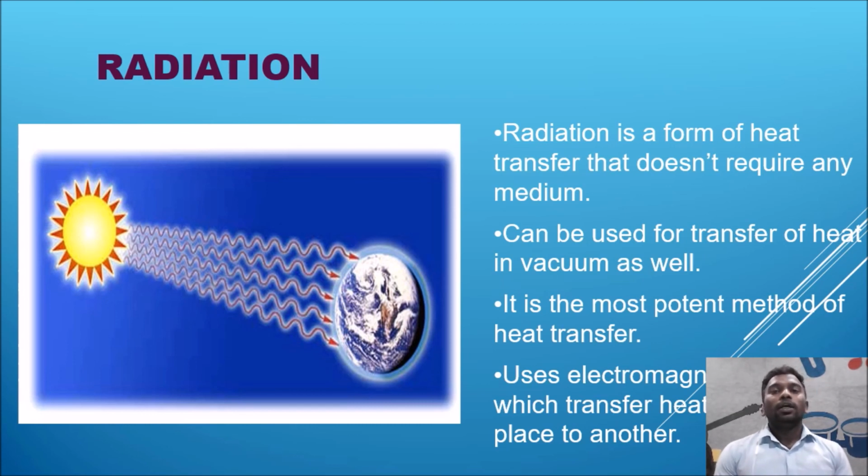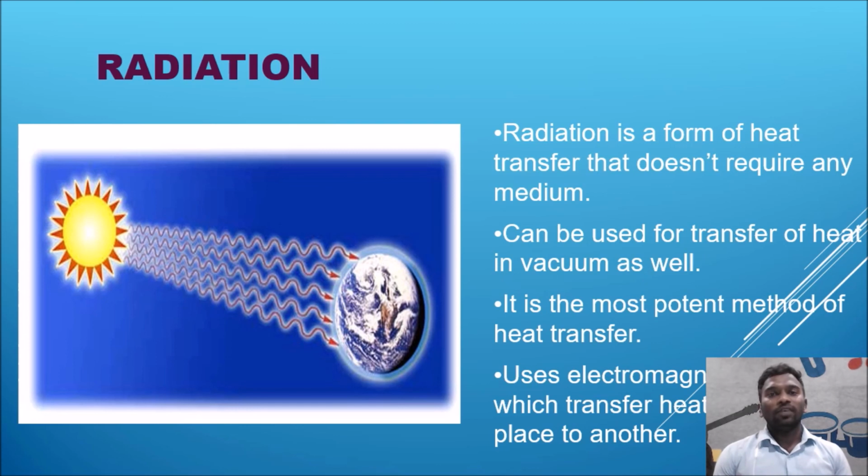So here, heat energy emitted from the sun is traveling a long distance to reach the earth. But there is no medium. It is traveling through space, through the vacuum, and reaching the earth. So how is it traveling from one place to another? We have learnt about the conduction process and the convection process.